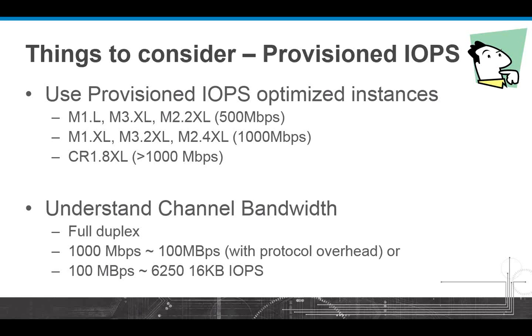And understand the channel bandwidth limitations. The channel that we have available to communicate between RDS and EBS in provisioned IOPS is full duplex, which means you have the same amount of bandwidth available for reads and writes.